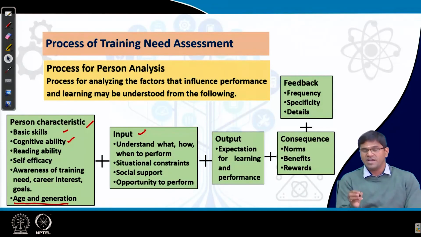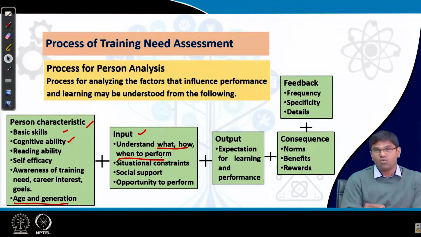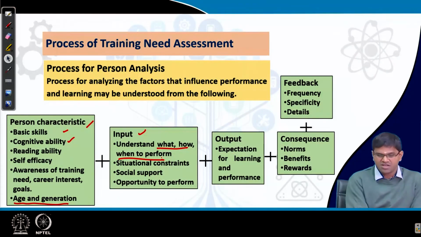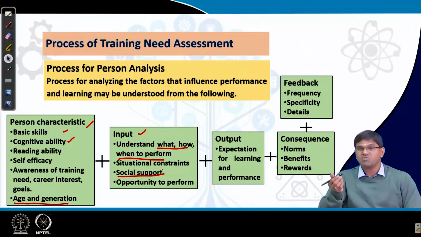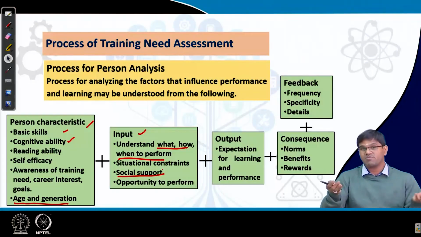And if you come to input, we already discussed understanding what, when, and how to perform, and any situational constraints based on the organizational setup, or maybe the incentive system, or the demand for productivity or efficiency. And of course the social support: we are referring to peer, co-worker, or manager support, and whether there is an opportunity to perform in an organization, or maybe the environment is not so conducive that you are not able to perform.